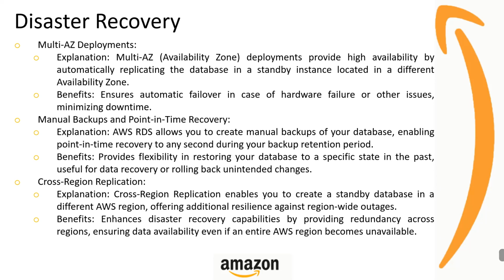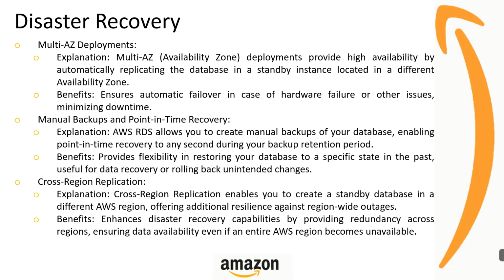So cross region replication enables you to create a standby database in a different AWS region, offering additional resilience against region-wide outage. The benefit is enhancing the disaster recovery capability by providing redundancy across the region, ensuring data availability even if an entire AWS region becomes unavailable, right?